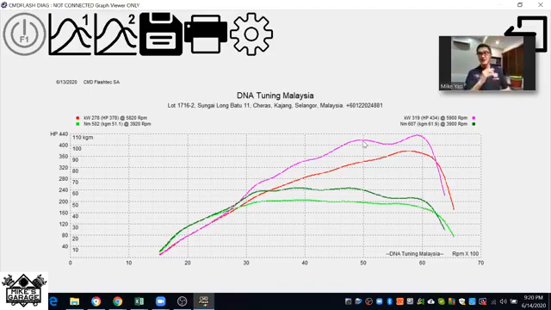So you get quite a significant gain of horsepower through the rev range.